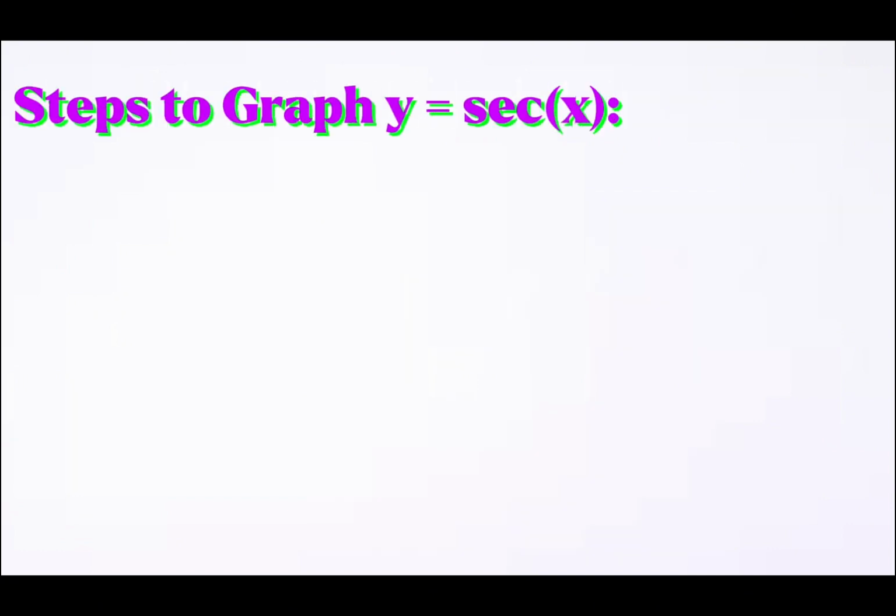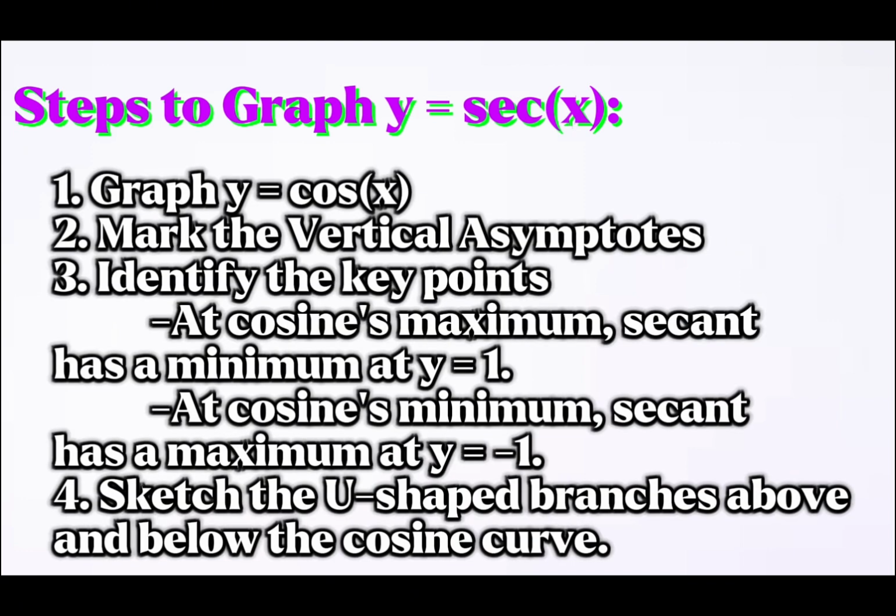A step-by-step process on graphing a secant function. First, you have to graph y equals cosine x lightly as a guide. Second, you have to mark the vertical asymptotes. This occurs at x is equal to plus or minus pi over 2, plus or minus 3 pi over 2, and so on.